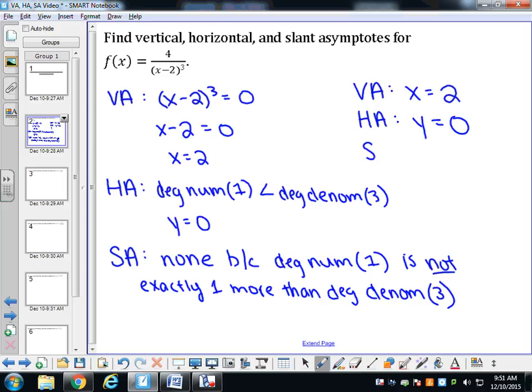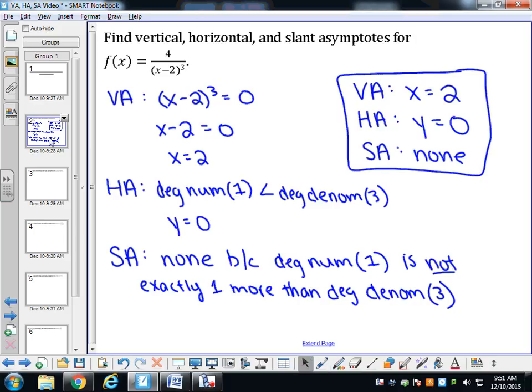Okay, so slant asymptote, we would write that there are none in this problem.